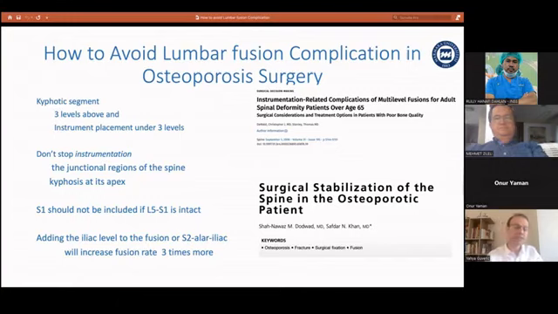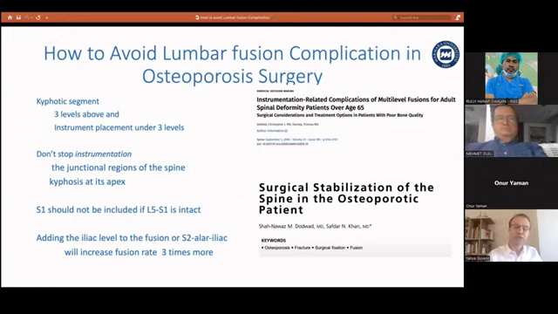But sometimes these patients come to us with a neurological deficit, so we must use instrumentation. We use it very rarely in osteoporotic patients, because it has very high complications.